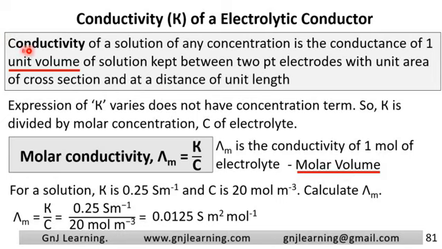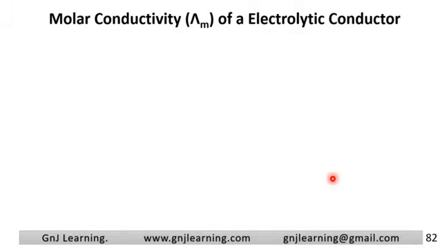Earlier, if you are mentioning only conductivity, there is no concentration term. Now here we have a concentration term. Without a concentration term, you are just talking about the unit volume, and you are not mentioning how much electrolyte is inside. Whereas if you are mentioning 1 mole, then you are mentioning the concentration. Clear, I guess.